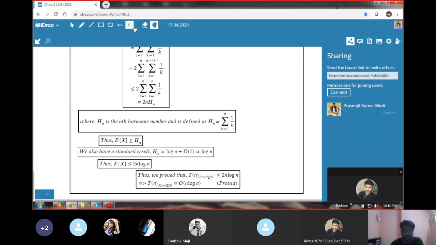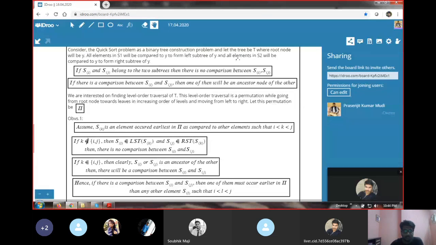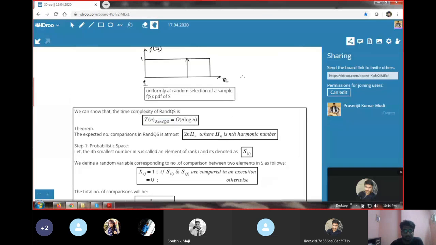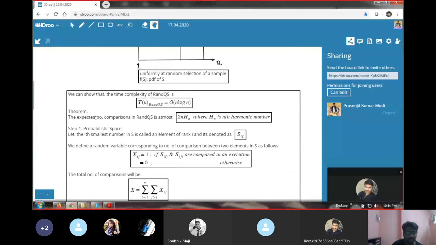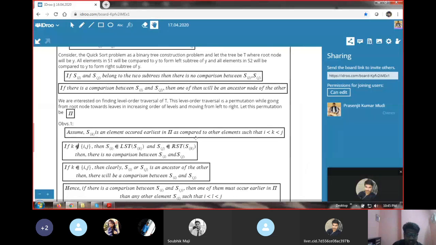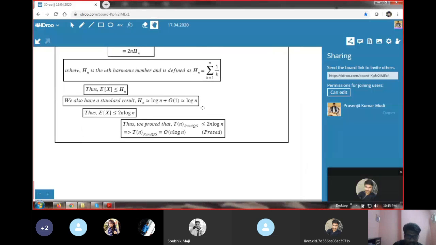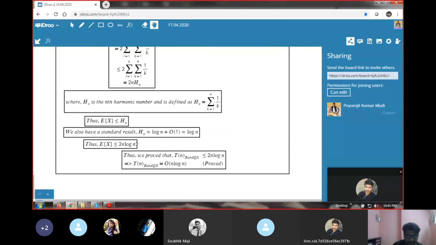Just have a look at what we have done. Our theorem was that the expected number of comparisons in randomized quicksort is at most twice n Hn. So E[X] was proved to be less than or equal to 2n Hn, that is, the maximum value of the expected number of comparisons is 2n log n.